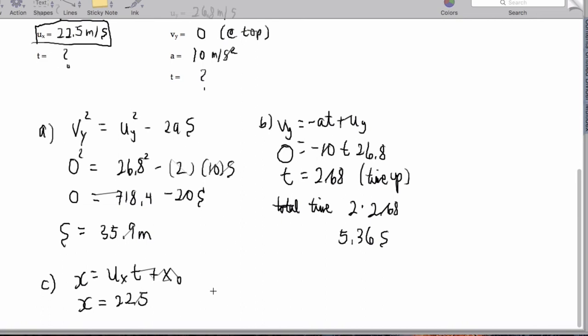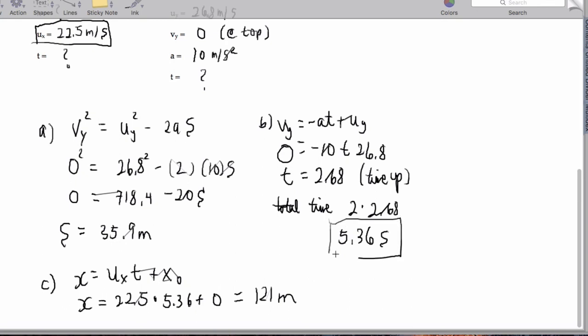And then we're going to times that by the total time because we're looking for the total horizontal distance, plus 0. Let's try that one more time. So 22.5 times 5.36 gives us about 121 meters worth of distance.